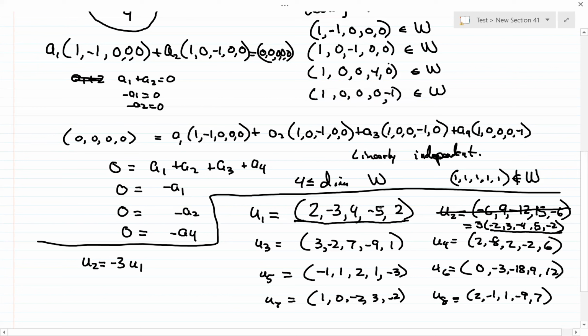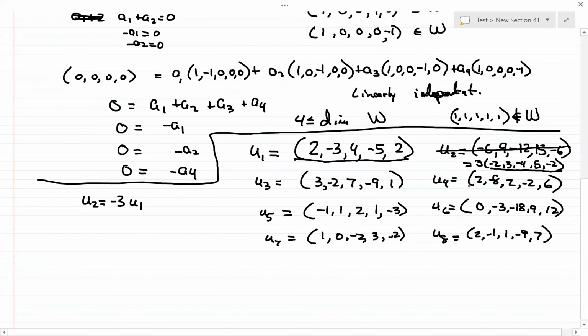I'm throwing out vectors that I could create from the other vectors, because we already know this generates the whole space. So to form a basis, if I can generate every vector in here, then I'll be able to generate everything in the whole space W. So I'm just looking for a set that's all independent, and I can see that U2 and U1 were not independent.